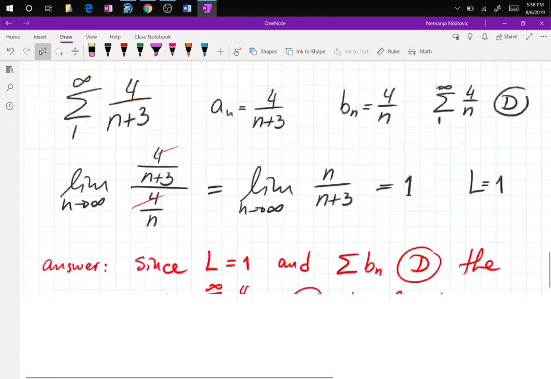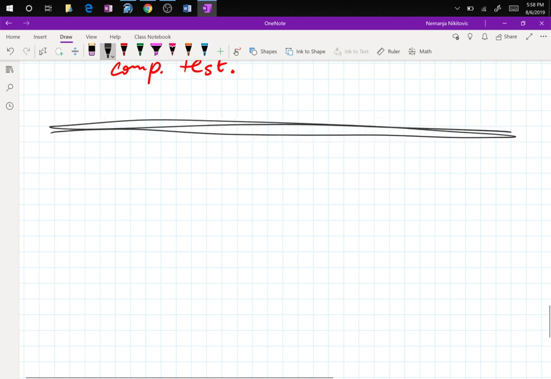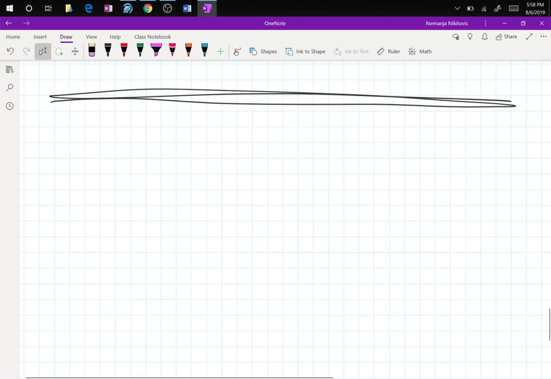Let's take a look at another problem that we can solve using the limit test. Problem 16: summation of sine squared n divided by n squared from 1 to infinity. Think about this one for a second. Are you expecting this to converge or diverge?